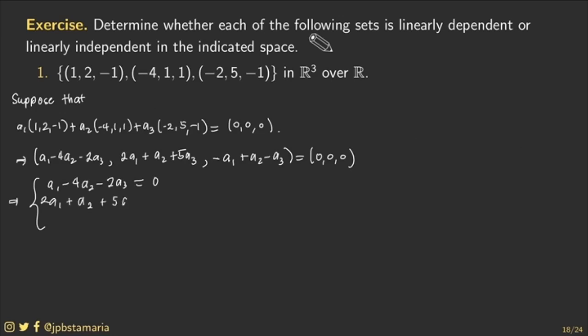It produces what we call a homogeneous linear system because the constants on the right are all zeros. Do you remember from a previous lesson that a homogeneous linear system always has a solution, the trivial or zero solution?